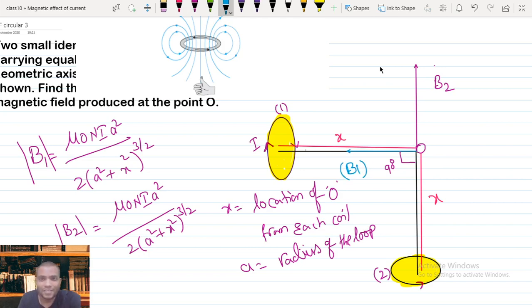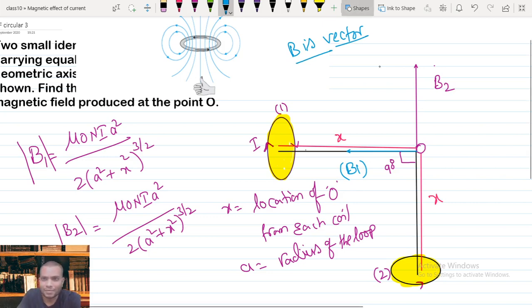Now the magnetic field B is a vector. Here two magnetic fields are acting at the same point, so there should be a resultant magnetic field. The resultant magnetic field acts in this direction, which we can calculate using the triangle law of vector addition.